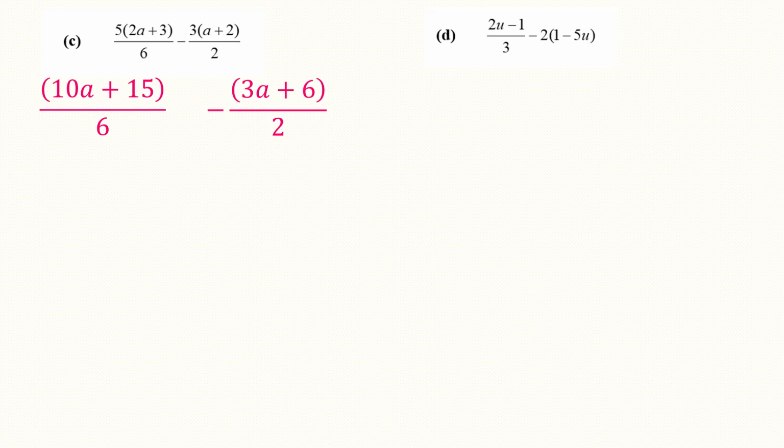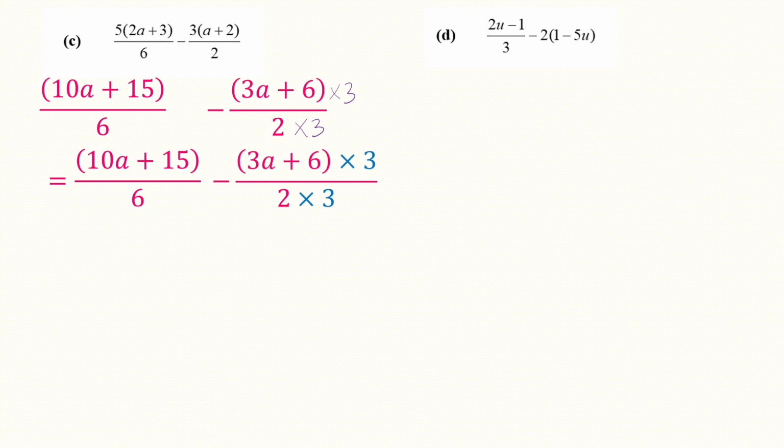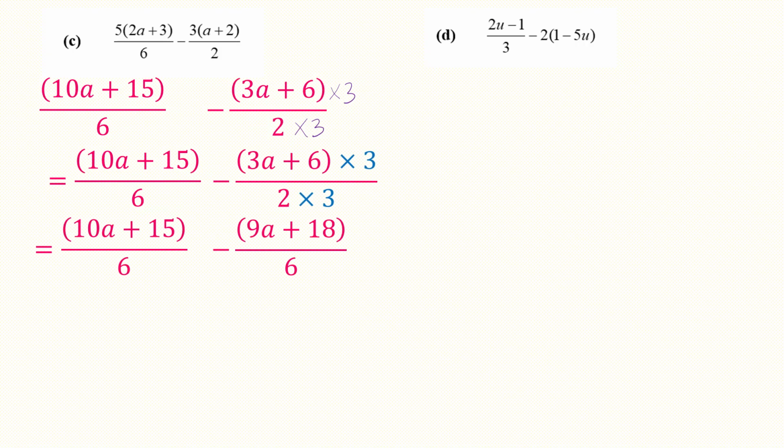The next thing is that we need to find the LCM of 6 and 2. The LCM of 6 and 2 is 6. So I need to take the second fraction times 3 to get 6 at the denominator and also at the numerator. That gives us 9a plus 18 over 6 for the second fraction.